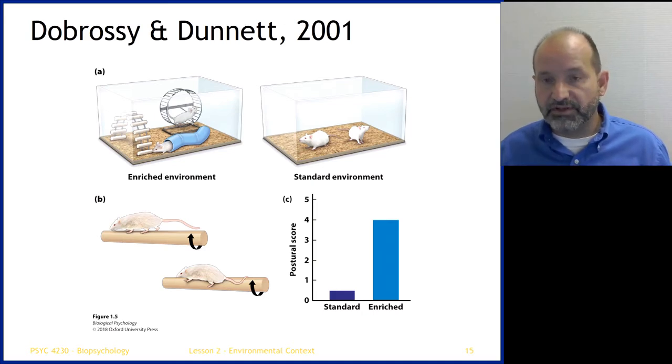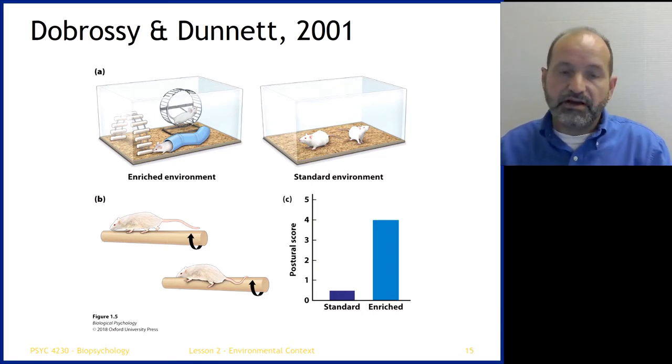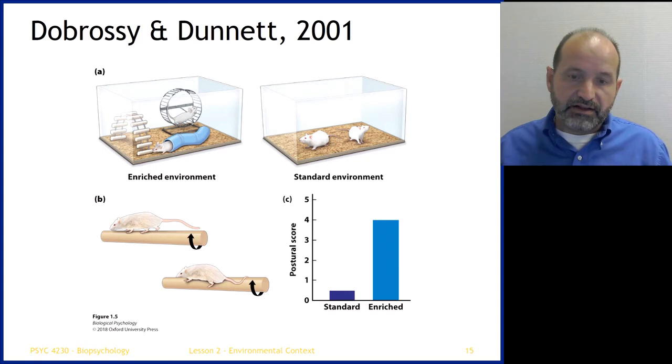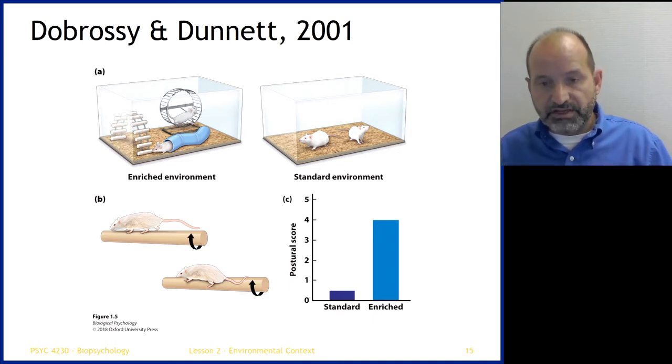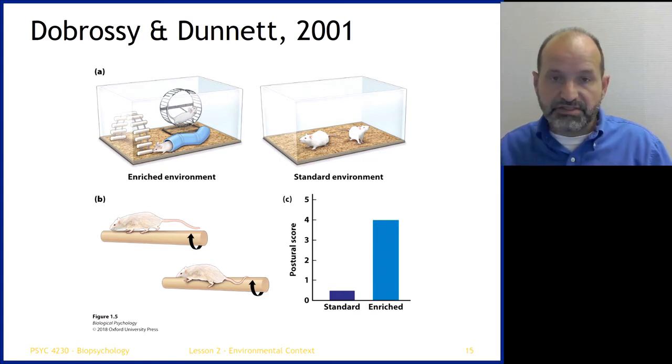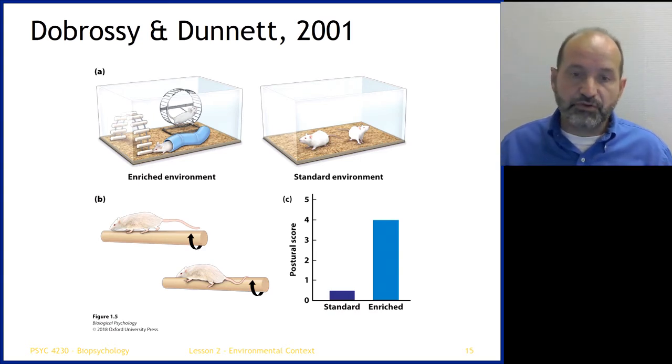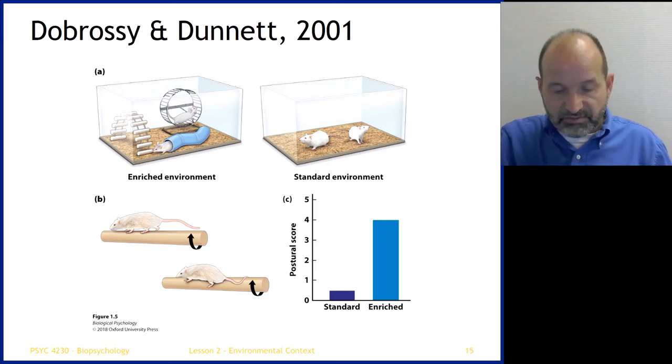So, for example, in 2001, a study looked at recovery from stroke-related events. They had animals that were artificially given a lesion that would simulate a stroke, and then placed in either an enriched environment or a standard environment. Then they were tested on their ability to stay on a rod that would move.